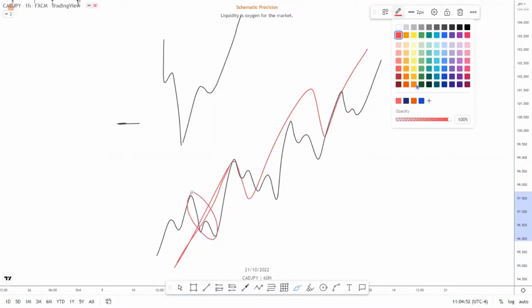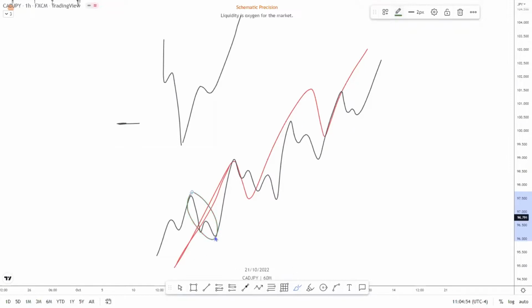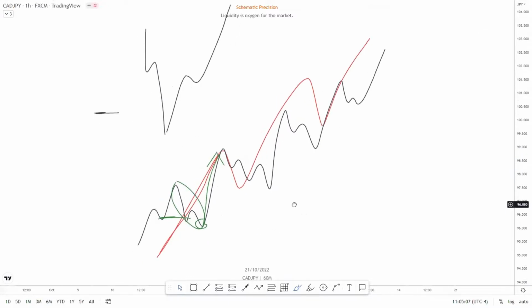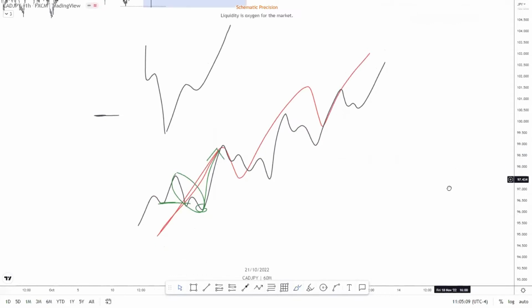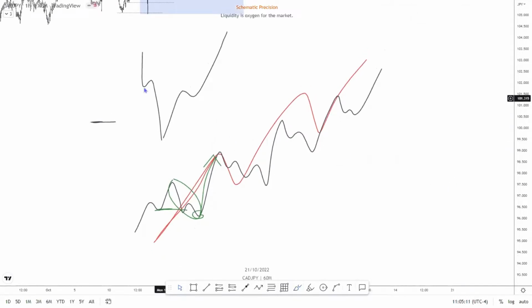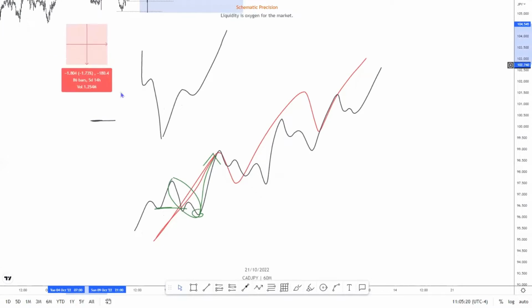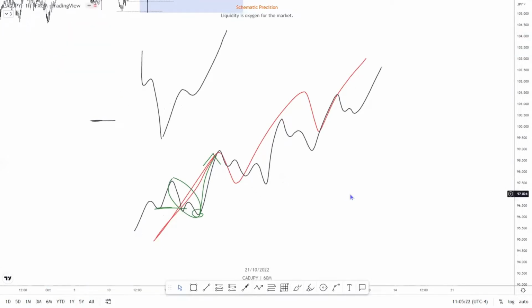You should not get confused by this, and wait for this inducement to be taken, then look for buys again. This should be your main focus and not the internal structures. That's how you should correlate your daily and intraday time frames, because we are not positional traders, we are intraday or intersession traders. Hope you understand what I was trying to show you here.